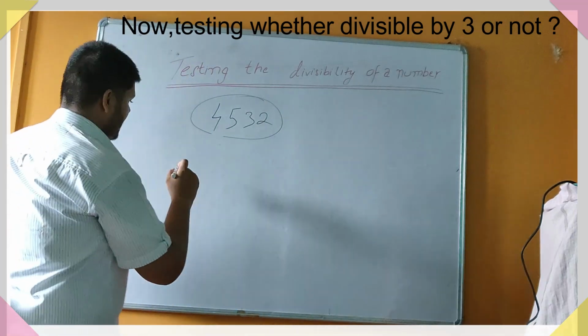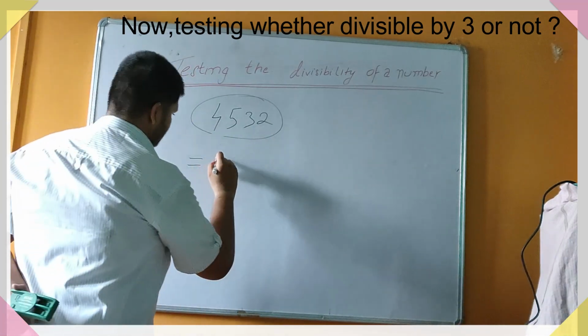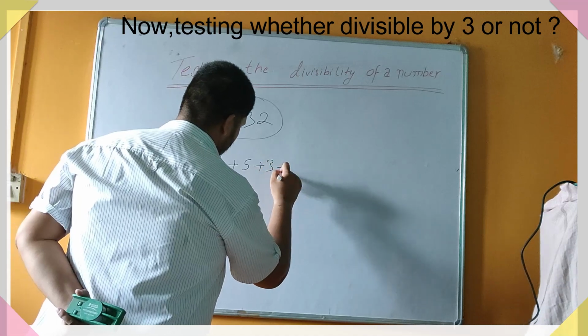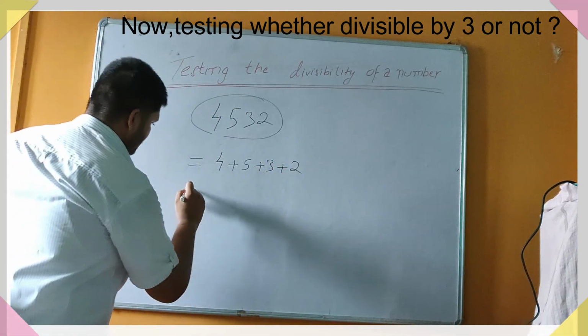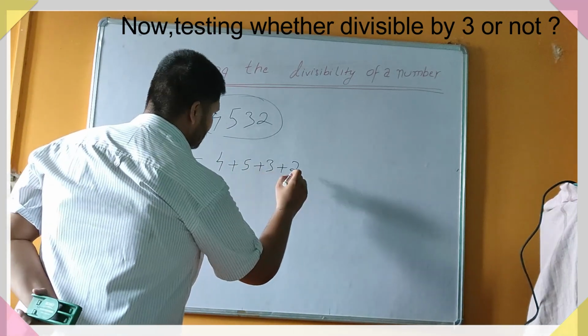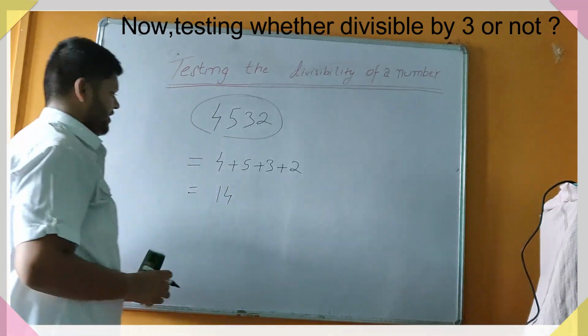So the trick is like this. All the digits you need to add. First 4 plus 5 plus 3 plus 2, and the resultant will be 5 plus 4 is 9, plus 3 is 12, and 12 to 14. So the resultant is 14.